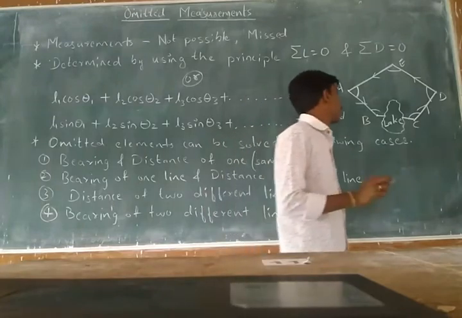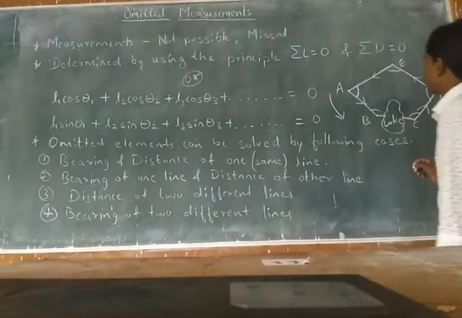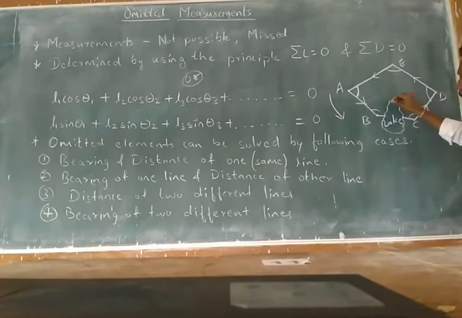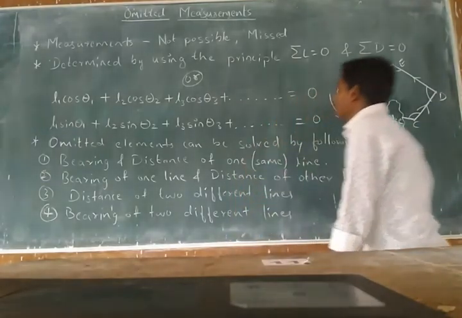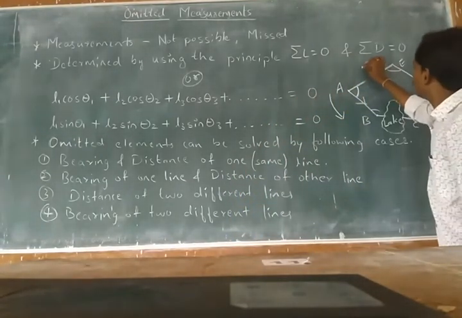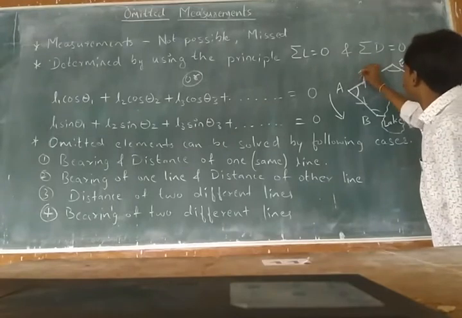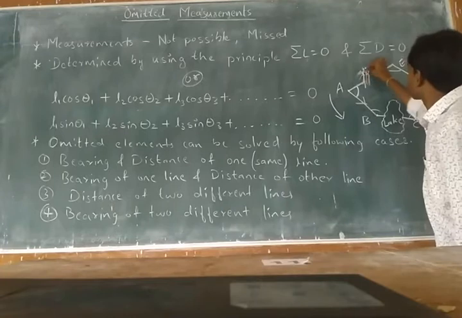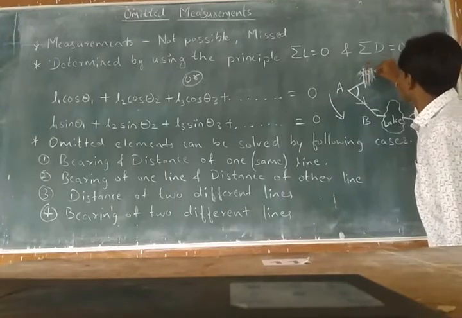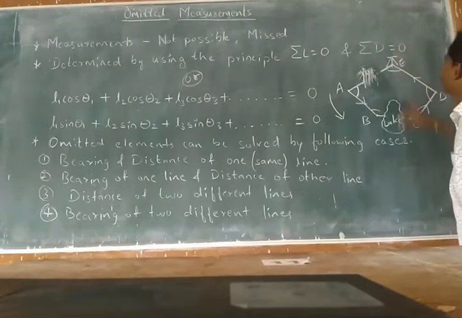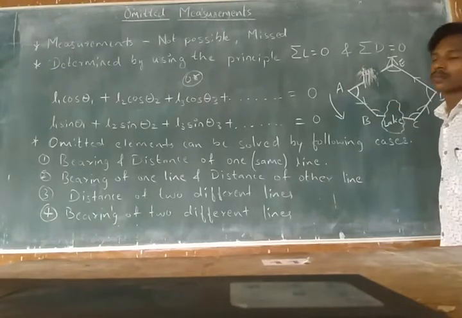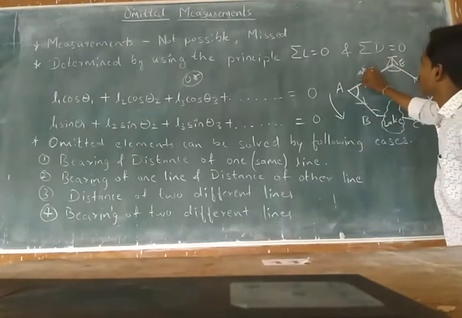Sometimes the angle measurement is obstructed. When you are measuring an angle, like here at EA, if there are many plants or buildings here, and when you keep the theodolite here and target A, there will be obstructions.